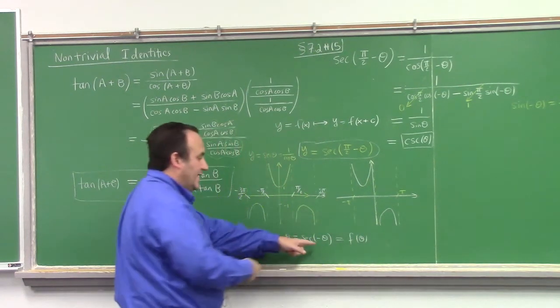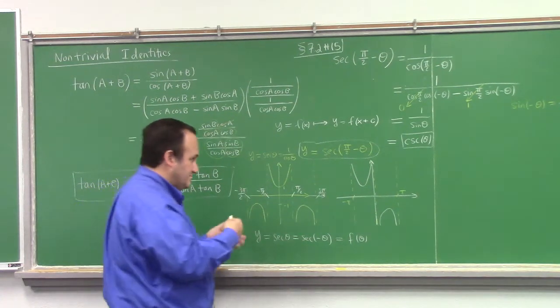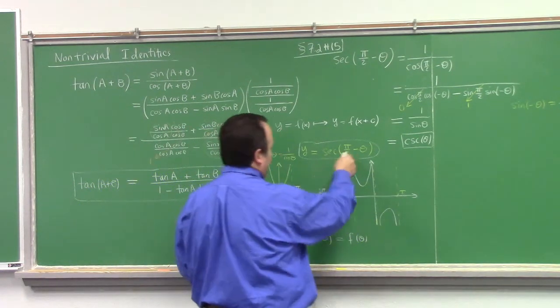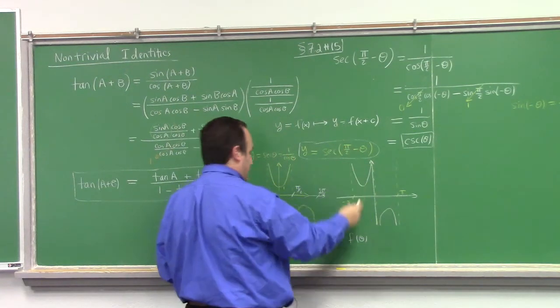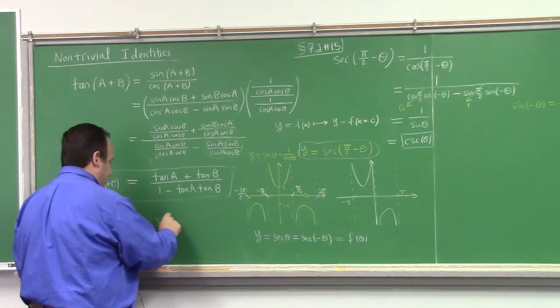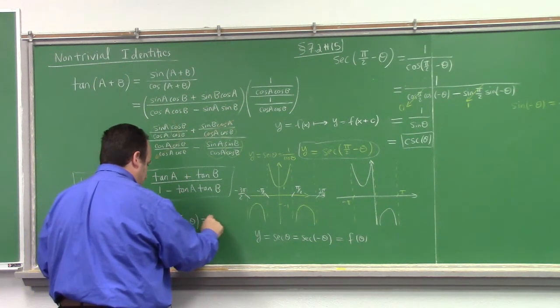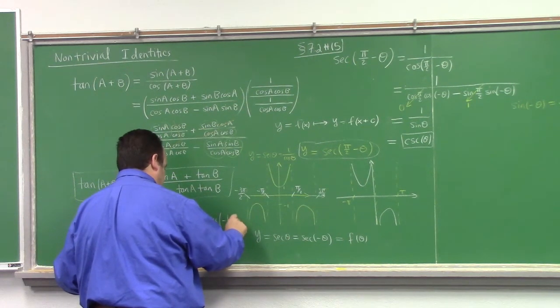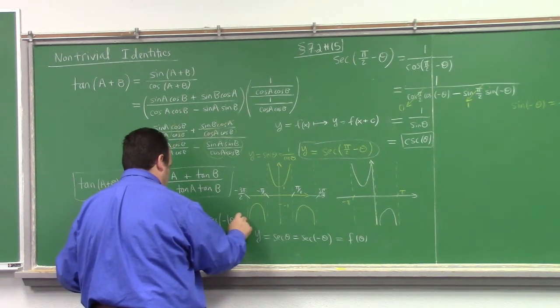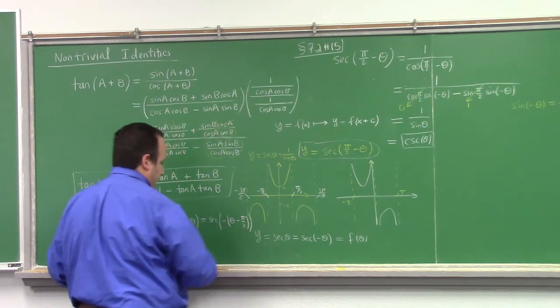So I have to rewrite this in terms of minus theta. So like, I have to pull the minus outside the pi over 2, right? So secant of pi over 2 minus theta, well, that's secant of minus parentheses theta minus pi over 2. My bad. That's how I should have looked at it.